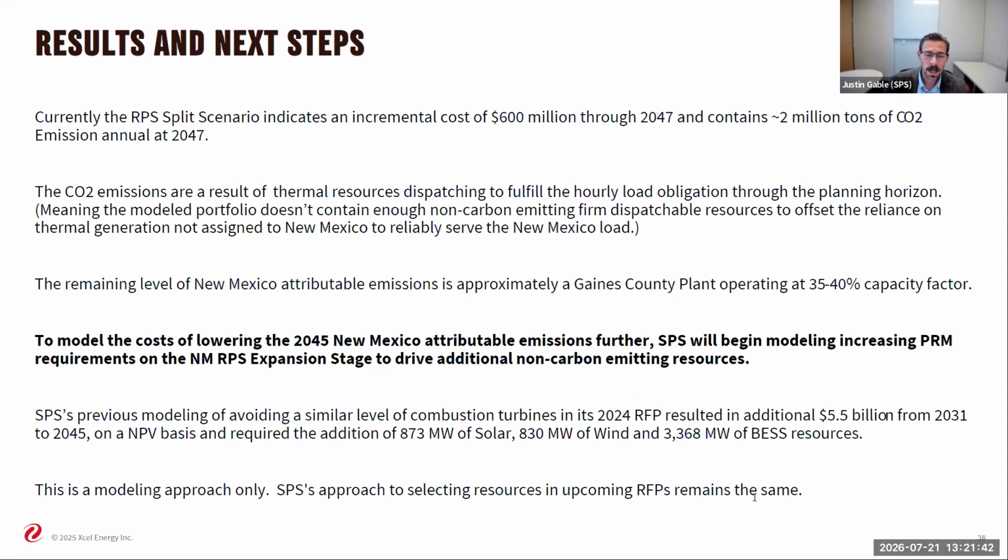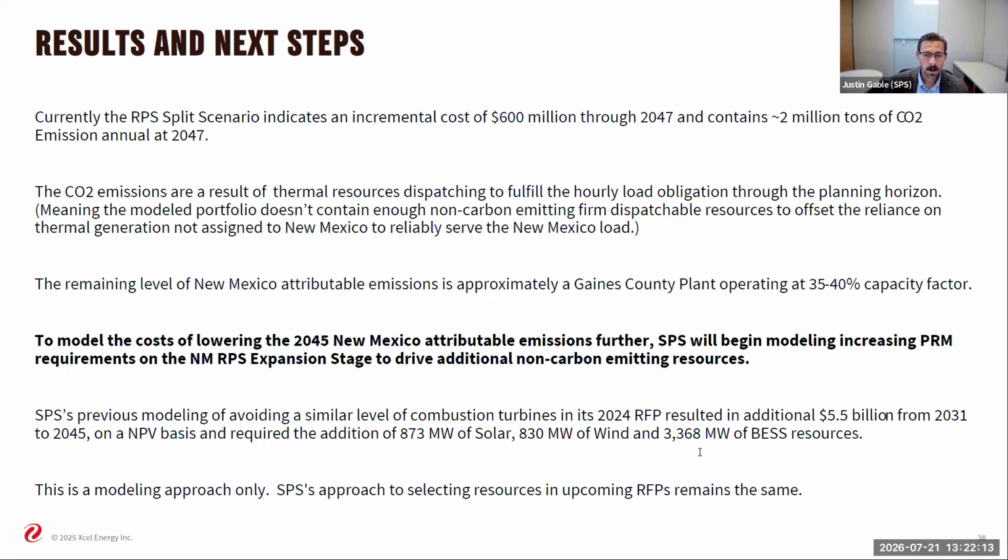We have done some previous analysis that's similar. In the 24 RFP, since what we are looking at right now is about a Gaines County facility operating at a 35 to 40% capacity factor, that's very similar to what we modeled there, where we tried to remove that Gaines County thermal resource, allow the model to reoptimize, and only allowed it to replace it with carbon-free resources.